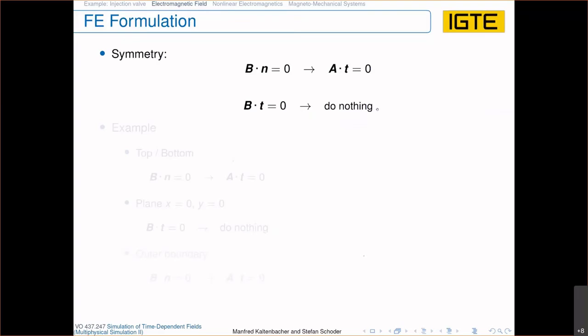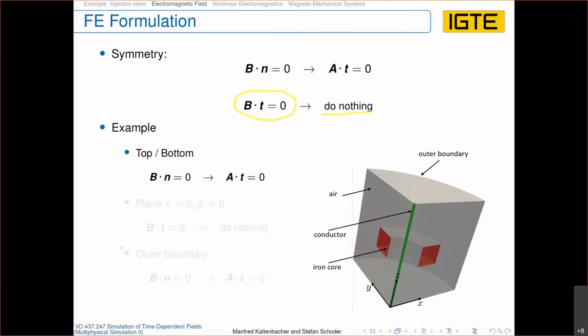It has no normal component and will then automatically fulfill this boundary condition that the tangential component of B is equal to 0. Okay, so that is the nice thing. When you have such a symmetry, then you do nothing and don't set any degrees of freedom for the magnetic vector potential to 0. And that I want to demonstrate by a simple example as shown here.